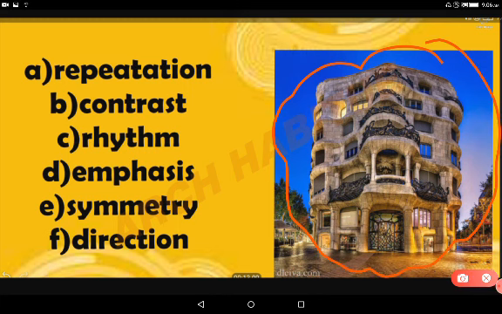So yes, there is texture, but I have not included the option in that. But yes, there is texture and there is balance. There is a slight mistake in the options given. Okay, there is repetition, some repetition.